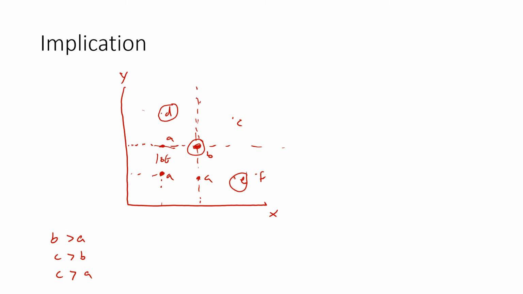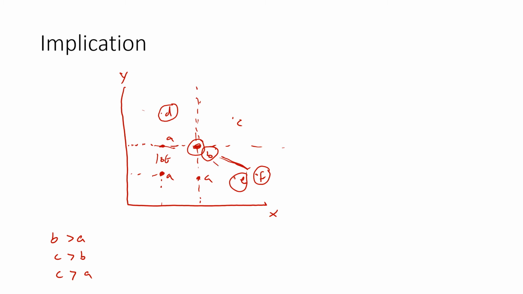Then we have point F, and F has more goods than E. F has more X and possibly more of Y as well. So now if B and F are equally preferable, a consumer cannot decide between B and F. He likes both of them equally.